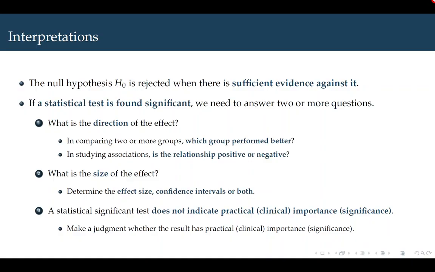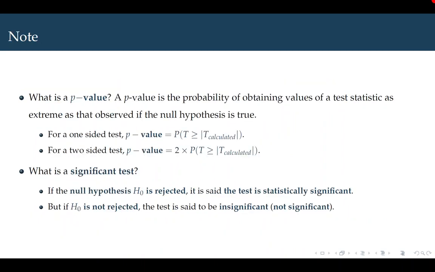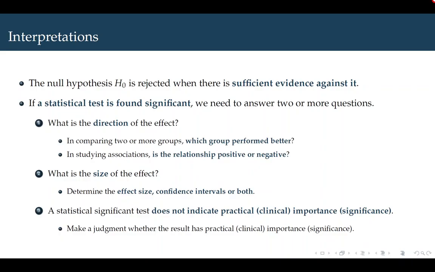So for the final interpretation, the null hypothesis H naught is rejected when there is sufficient evidence against it. Once we reject H naught, or if the test is significant, that means there is sufficient evidence against H naught.